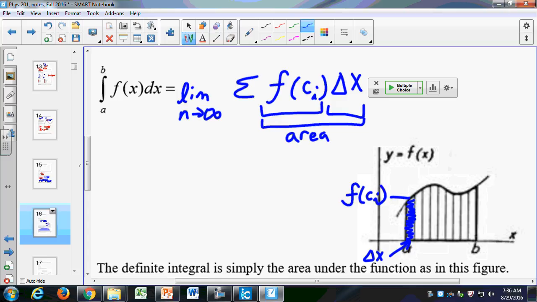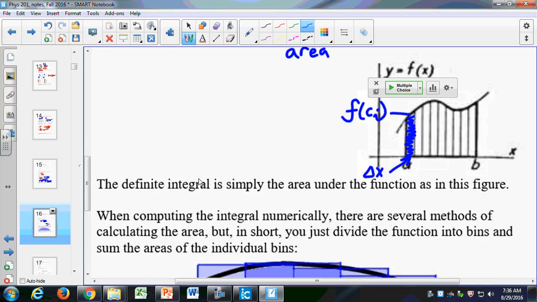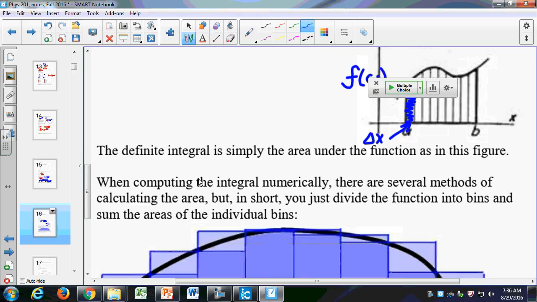In fact, you'll have some problems where you have to manually find the slope or manually find the area under a curve. And then you'll also have some problems where you have to do it analytically. Actually, I'll give you the function, and you have to analytically find the slope. That is, take the derivative of the function, or find the integral of the function to find the area under that curve. We'll see that in the next chapter quite a bit when we get into kinematics.